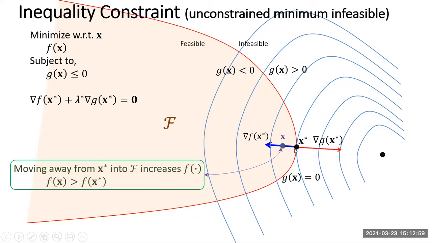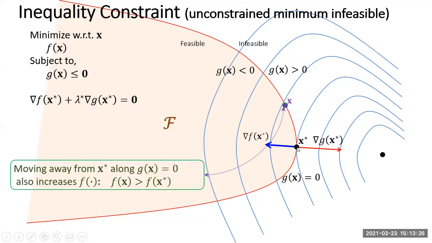Now if we stay in the active region and move further away, what happens to the function f of x? If we move this way, it increases, because if you follow the level sets, these blue contours, we are still in the feasible region, but f of x increases.